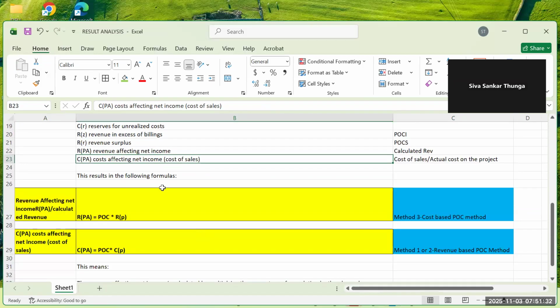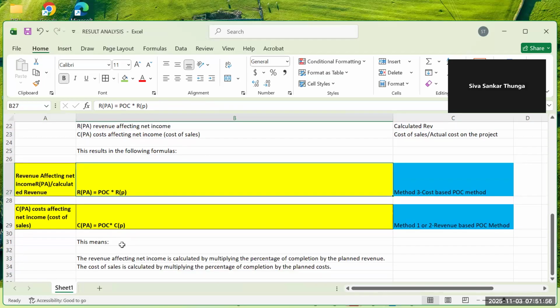Now this results in the following formulas. Revenue affecting net income or calculated revenue is POC into planned revenue. Cost affecting net income is cost of sales, which is percentage of completion multiplied by planned costs.